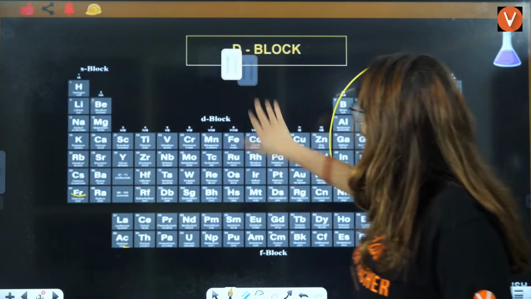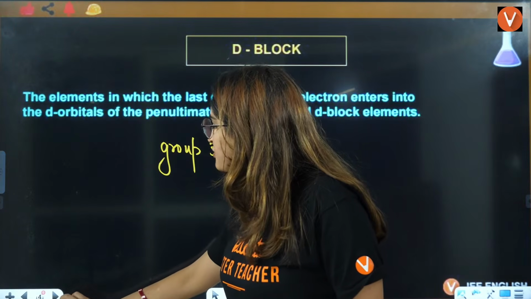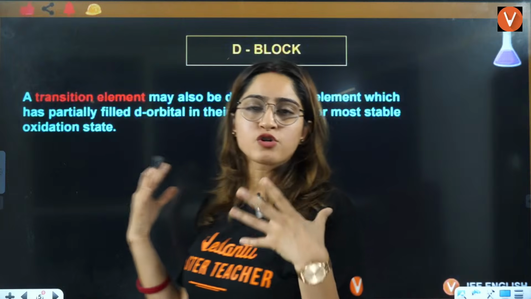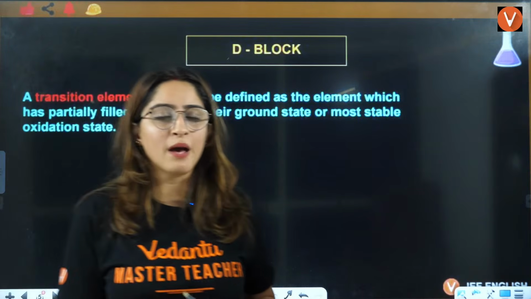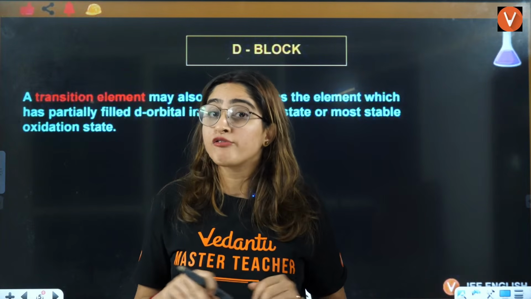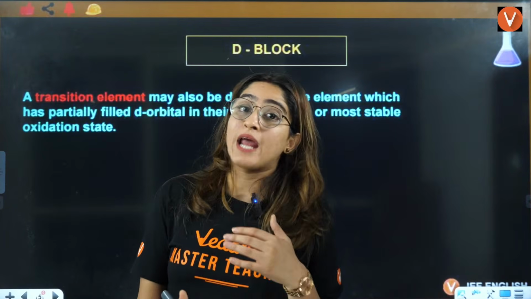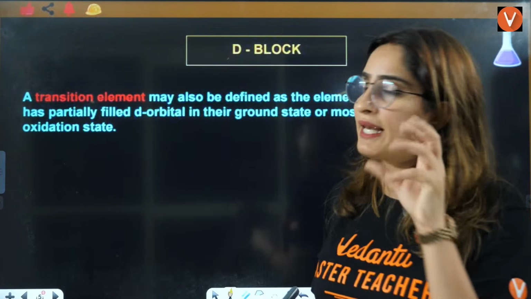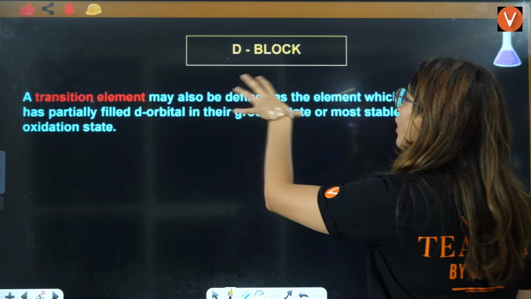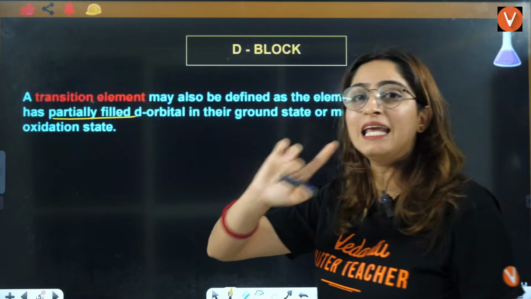Now, the question that arises, ma'am, if you talk about the transition elements: are all the D block elements transition elements? For that, you have to see one more definition that is more applicable, based on the electronic configuration. It says that a transition element may also be defined as an element which has partially filled D orbitals.